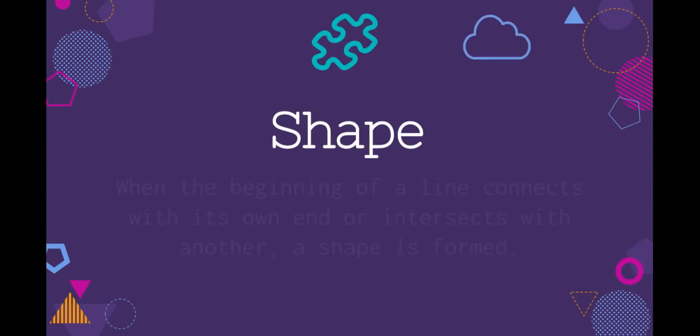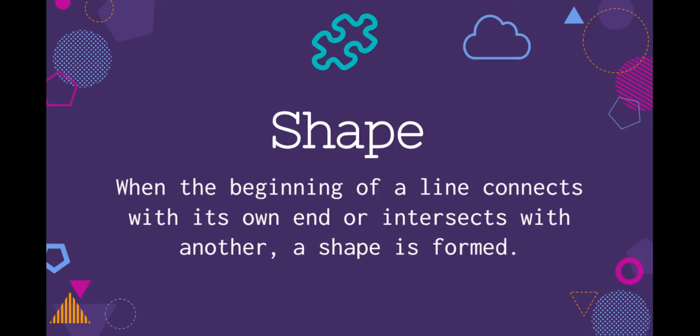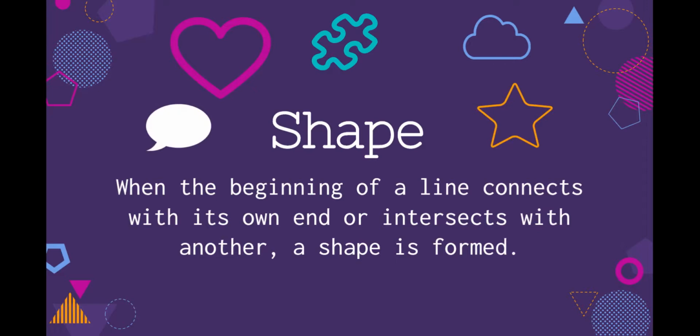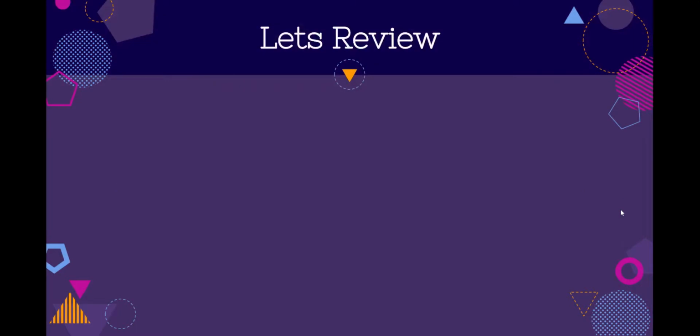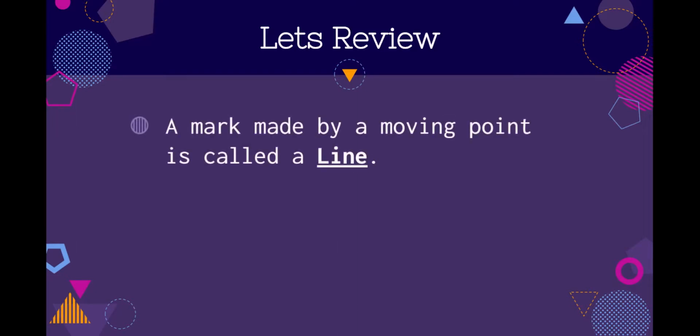So shape can be defined as when the beginning of a line connects with its own end or intersects with another. So let's review. We've been talking about the elements of art, and so far we've learned about line, a mark made by a moving point.